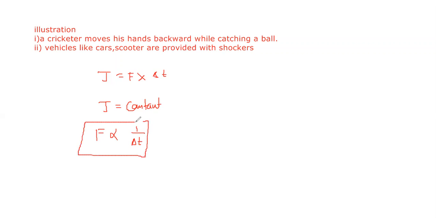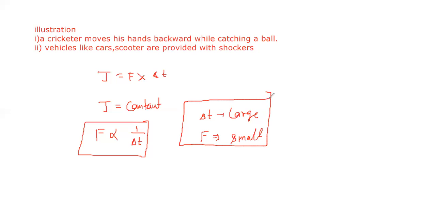With the formula J equals F into delta T, if J is constant, then force is inversely proportional to delta T. So if delta T is large, then force will be small or minimized. Clear?